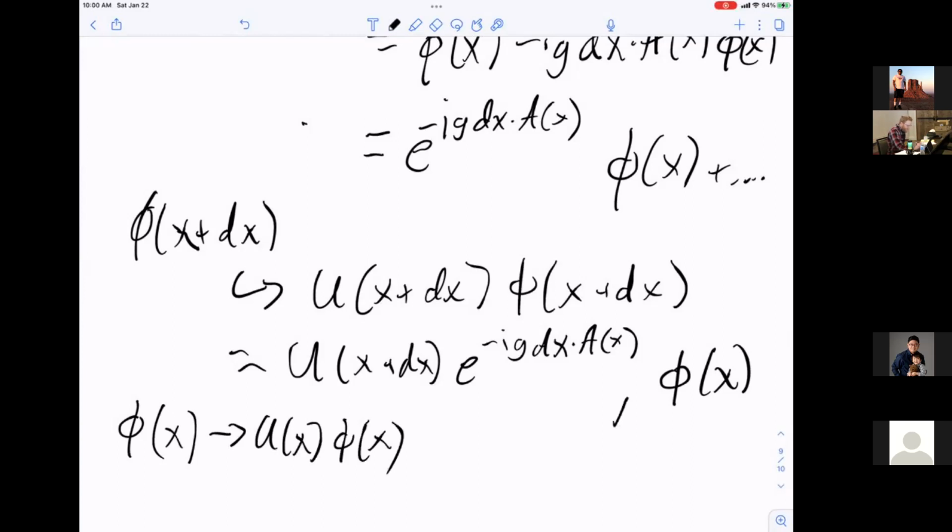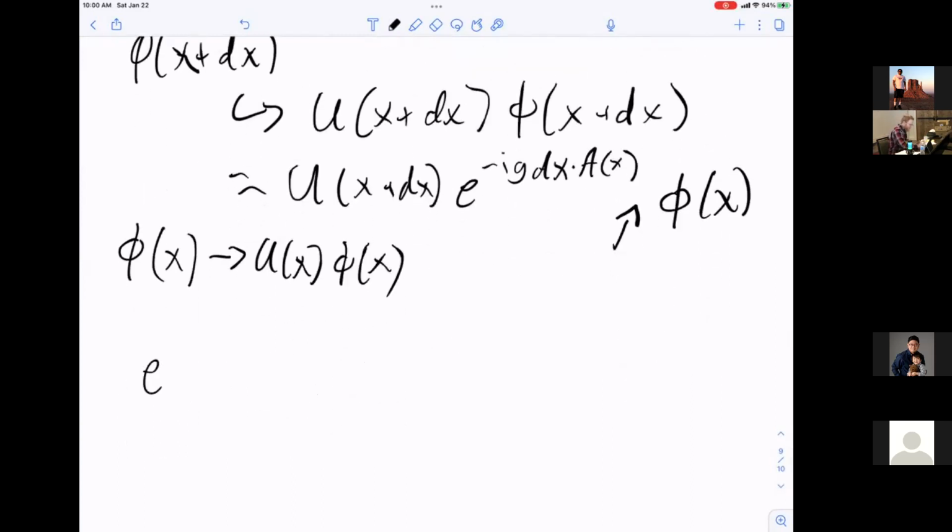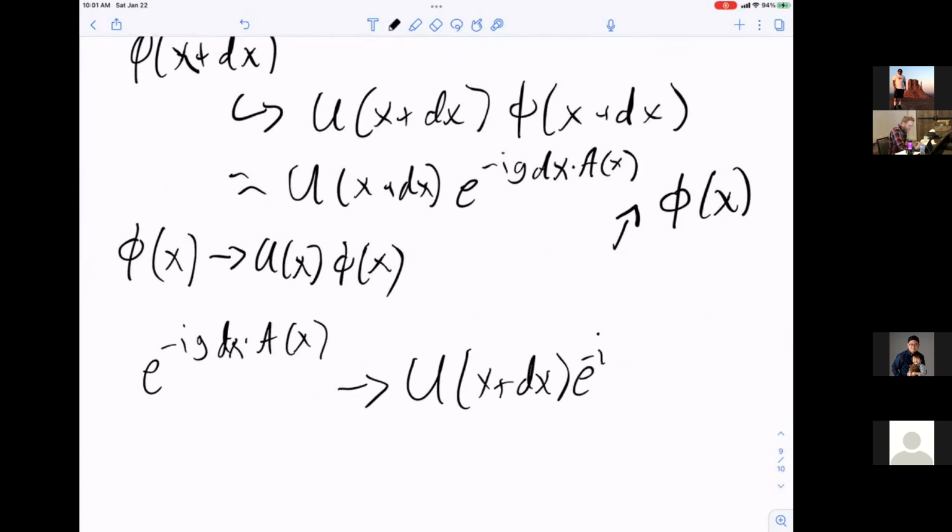But when I look at this expression, there's no u of x there, which tells me that this object that I constructed under a gauge transformation has to transform like this. In other words, it's moved my gauge transformation at x to a gauge transformation at x plus dx.